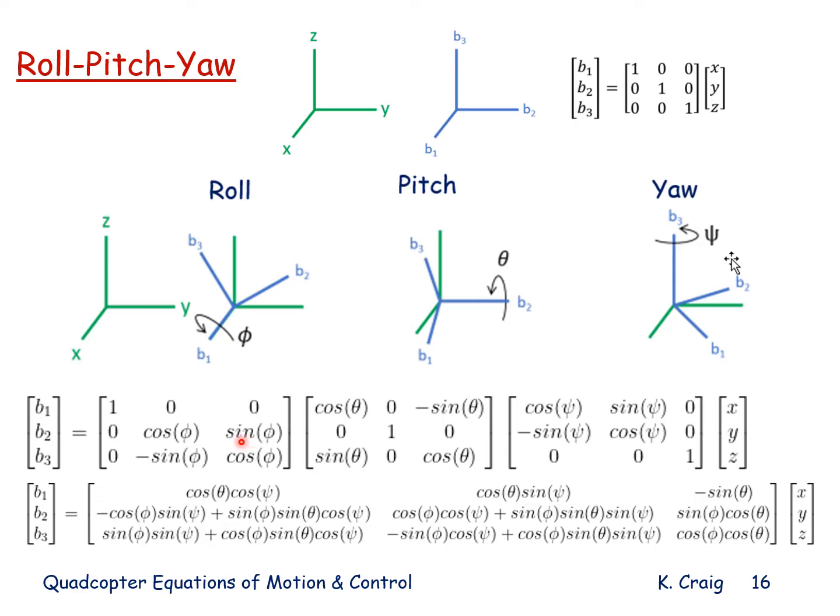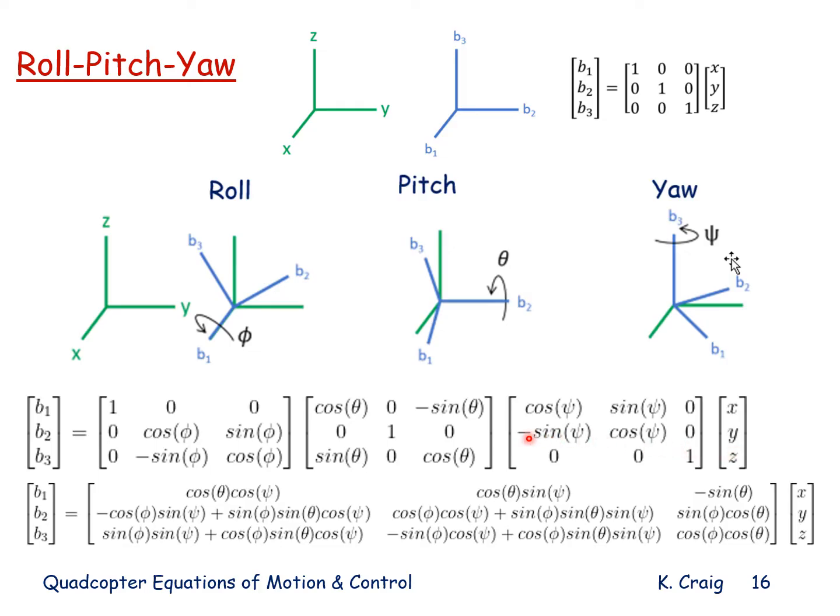This matrix takes me from the R2 reference frame to the R3 reference frame through the roll angle phi. And the result is unit vectors B1, B2, B3 in the quadcopter's body fixed reference frame, and how they are related to the unit vectors I hat, J hat, and K hat in the grounded reference frame.